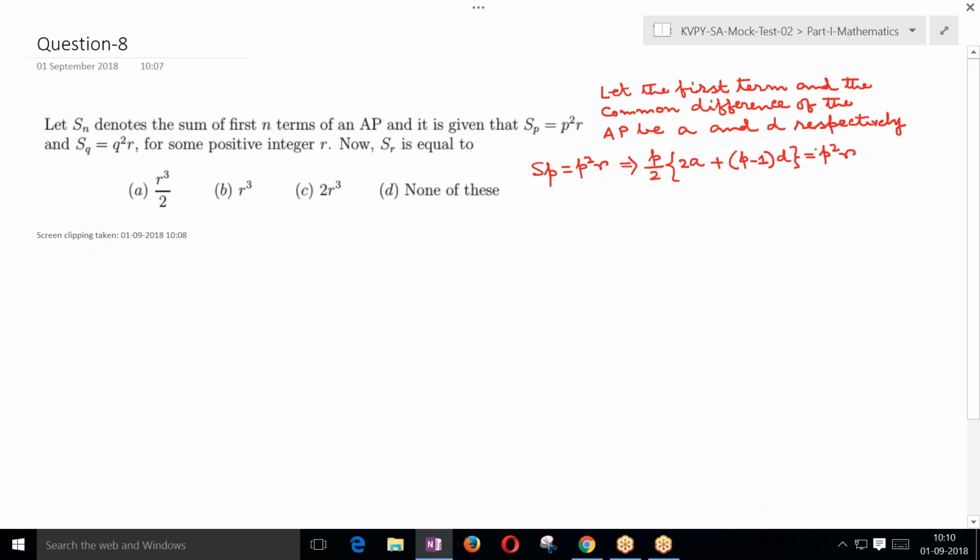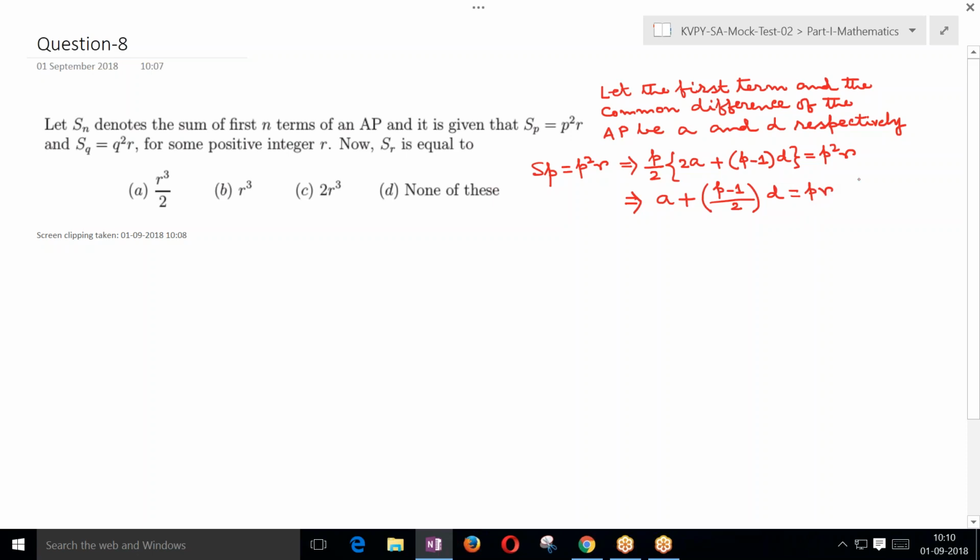If we simplify further, we can cancel that p, and multiplying by half, we will get A plus p minus 1 by 2 into D is equal to p into r.